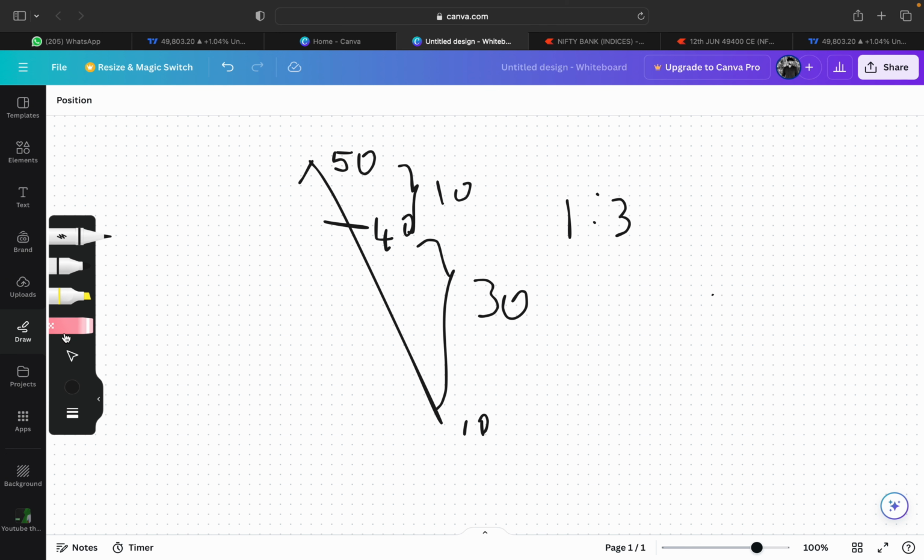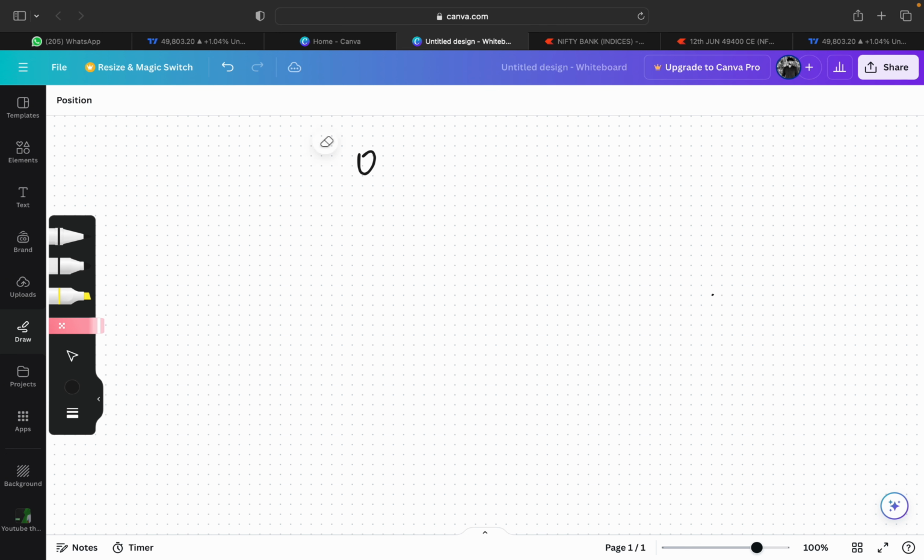So in order to enter a trade, we need 3 confirmation candles.